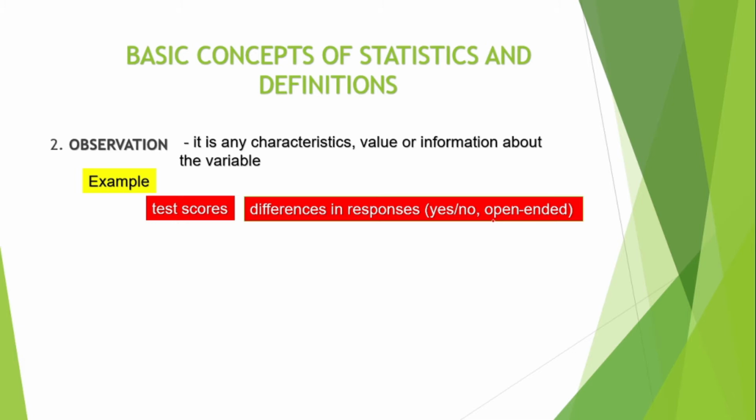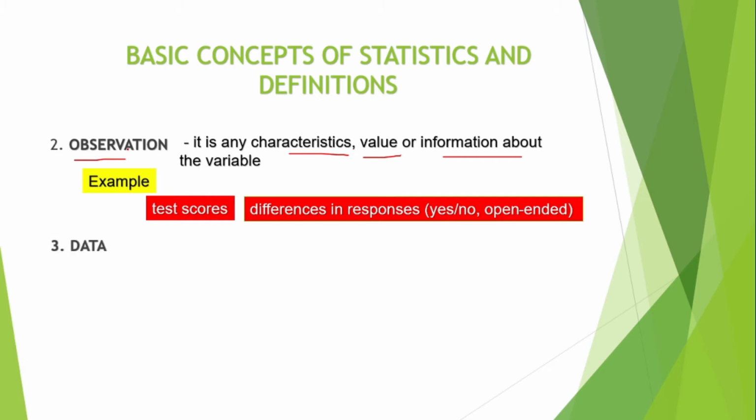So observation is just a characteristic, a value, or information about the variable. So what, how, when, where. So it answers the questions. Kung ano ba yun, bakit ganun. Okay. So yun yung ibig sabihin ng observation.